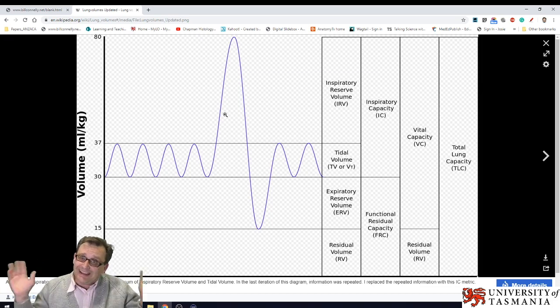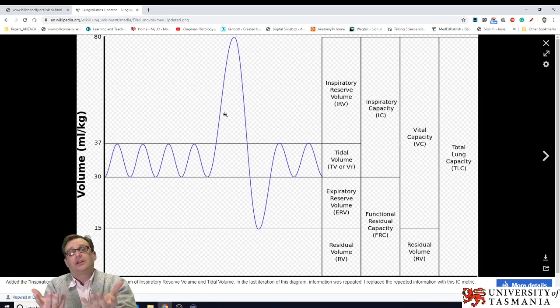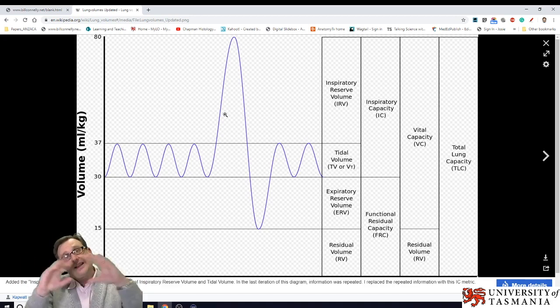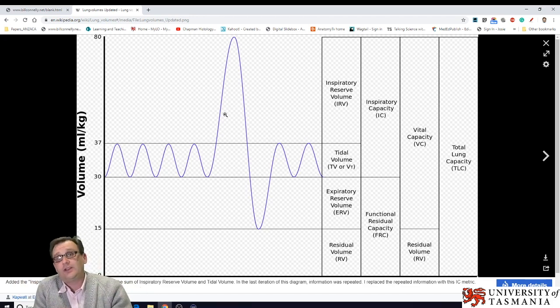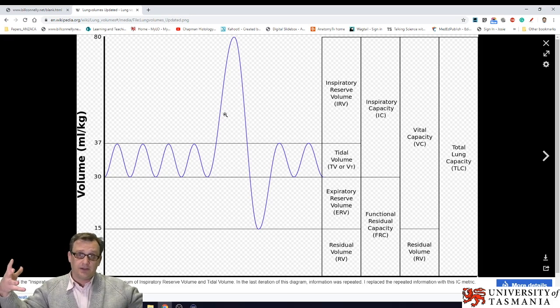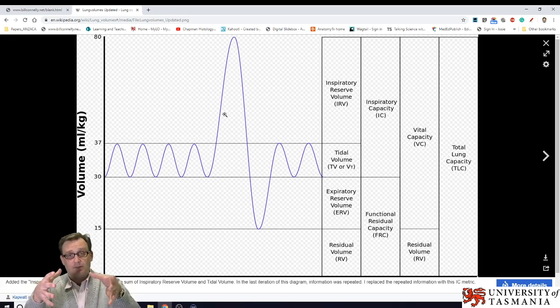But all of that large surface area, right, is coated in water, right? It's coated in fluid. And because of that large surface area, we actually end up with a fairly large amount of surface tension. So surfactant is your detergent type substance that is going to break down or at least weaken that surface tension and allow the lung tissue to expand. But without that surfactant, the lung tissue isn't going to be able to expand as much. And so that becomes, again, one of these sort of restrictive conditions.